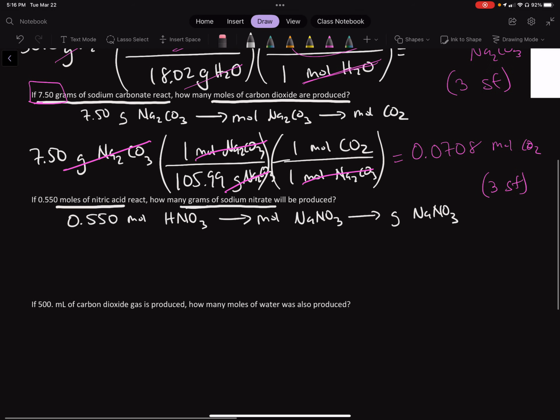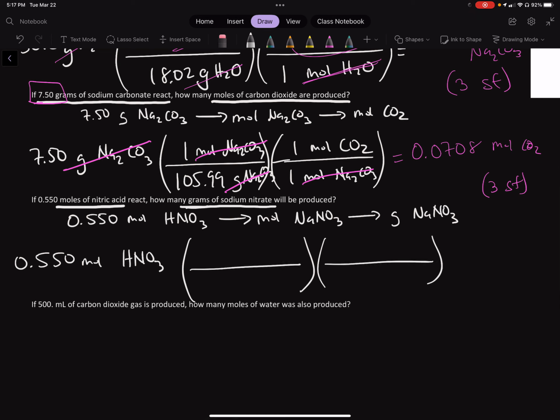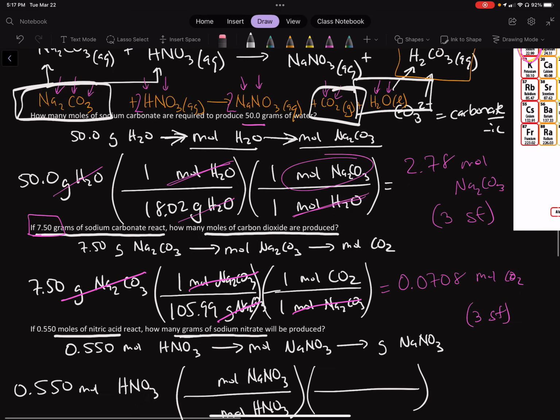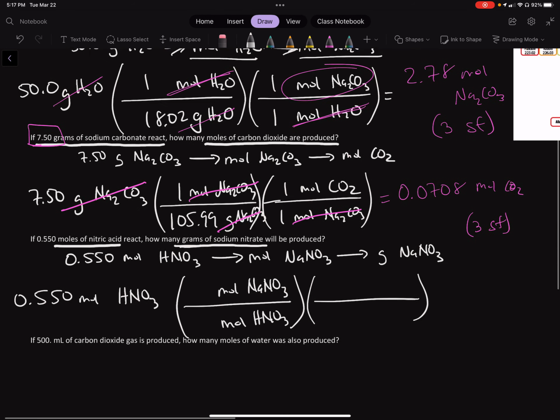So 2 conversions again. So 0.550 moles of nitric acid with 2 conversions. The first one, we need to cancel the moles of nitric acid, and we need to convert it to moles of NaNO3. For the numbers, we just look at our balanced chemical equation. So scrolling up a little bit, I see that for every 2 moles of nitric acid that reacted, 2 moles of sodium nitrate were produced.